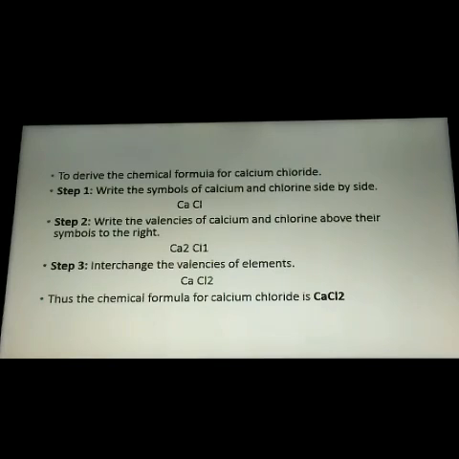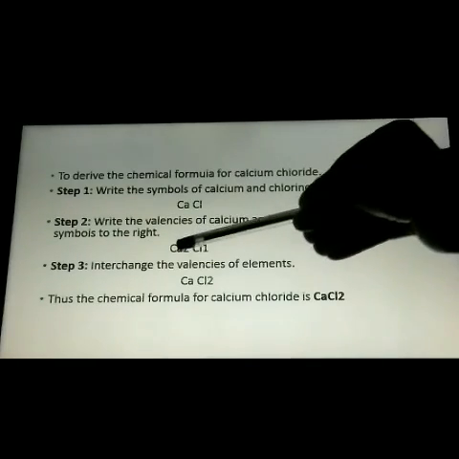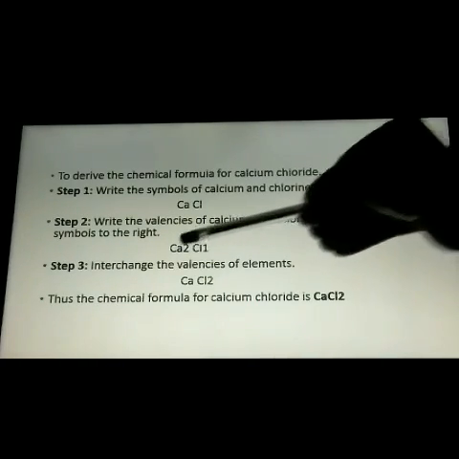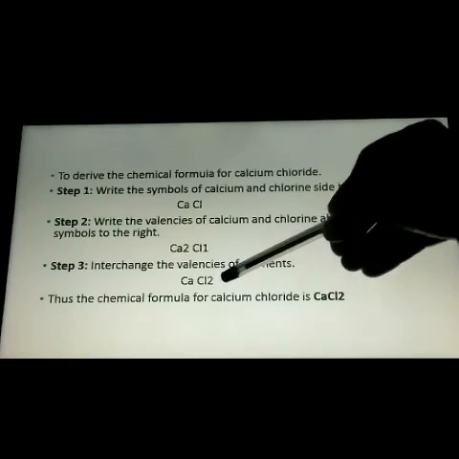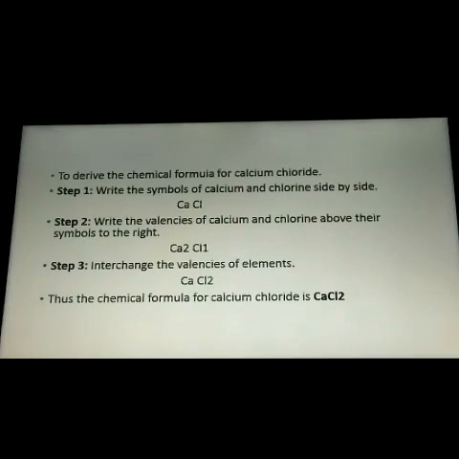For the third step, you have to interchange those valencies. So 2 will come for chlorine and 1 will come for calcium. When you interchange the valency of the corresponding element, Ca1 Cl2, and hence we arrive at the chemical formula for calcium chloride, that is CaCl2.